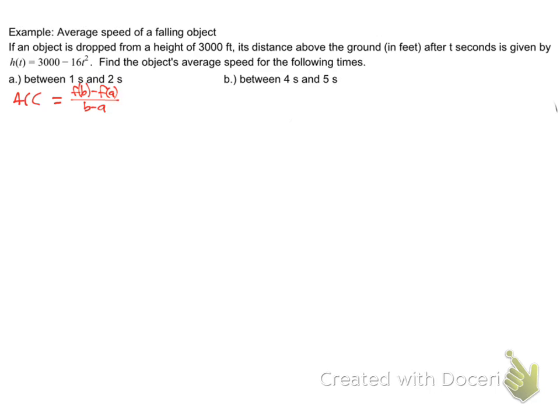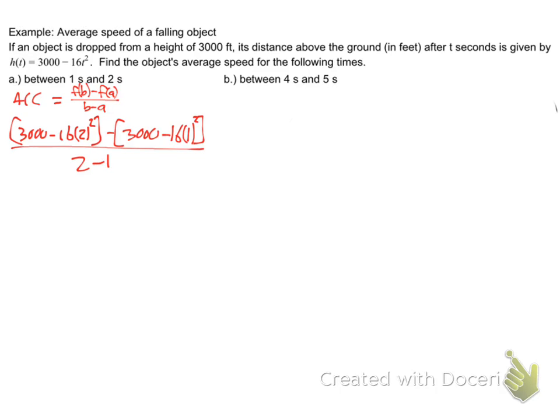So 3,000 minus 16 times 2 squared minus 3,000 minus 16 times 1 squared all over 2 minus 1. Everybody hopefully has that so far.